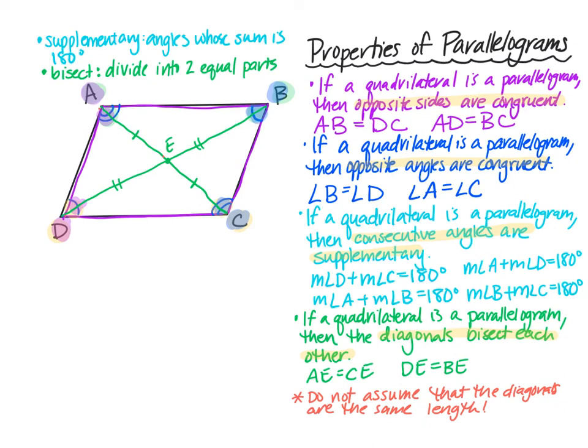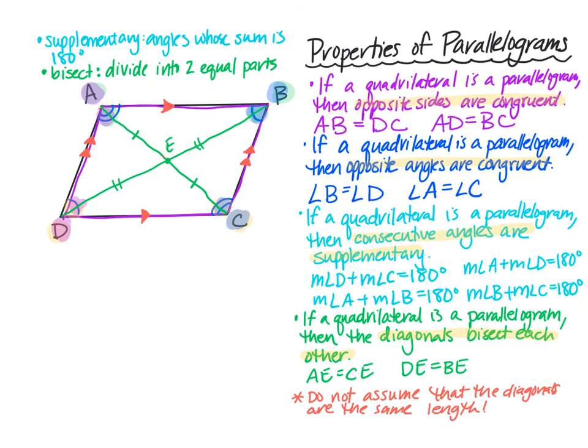I'll also mention before we go that since this is a parallelogram, opposite sides must be parallel. That comes from the definition of a parallelogram, and these little triangle marks are the parallel indicators.